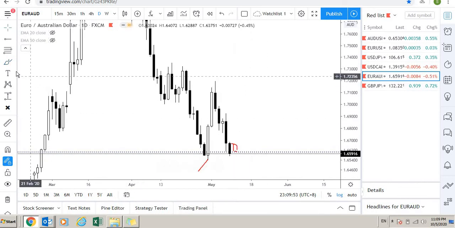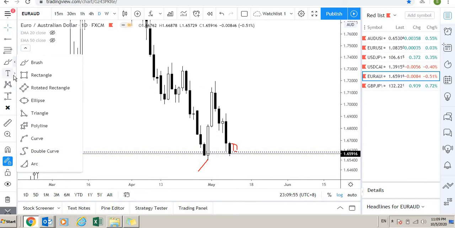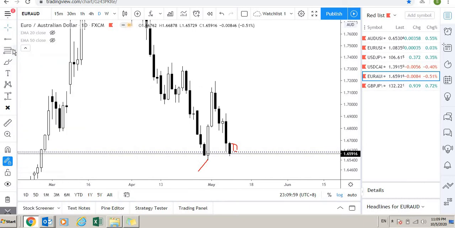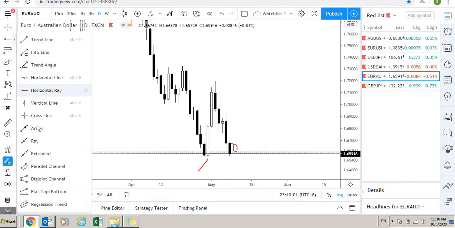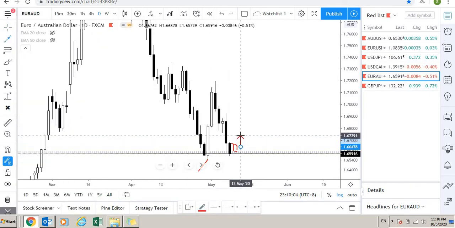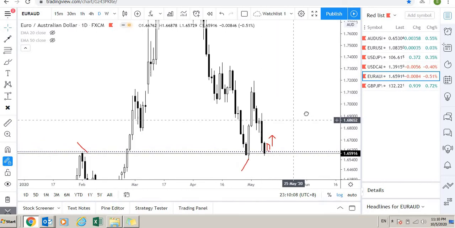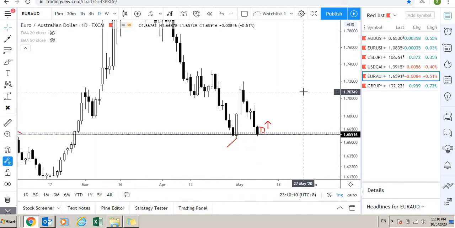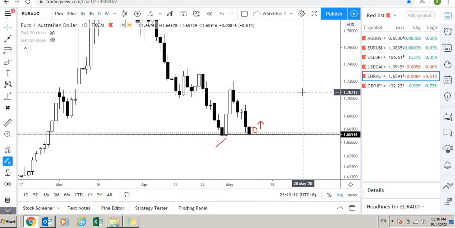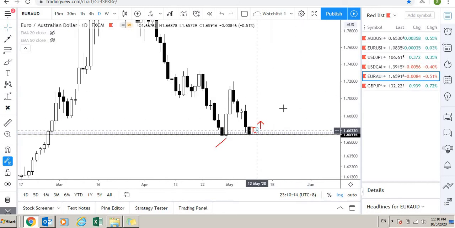Then we wait for the inside bar to form. After that, we wait for the inside bar to break out to the top side, so we see a bullish breakout and also a bullish reversal setup. Okay, so these are the things we can look for on Euro AUD.